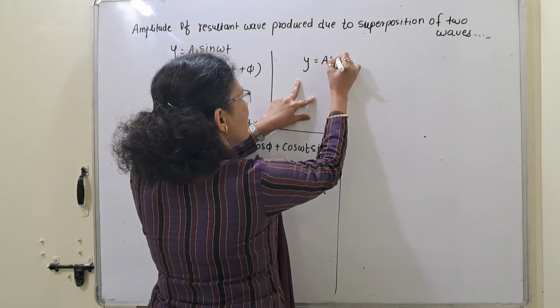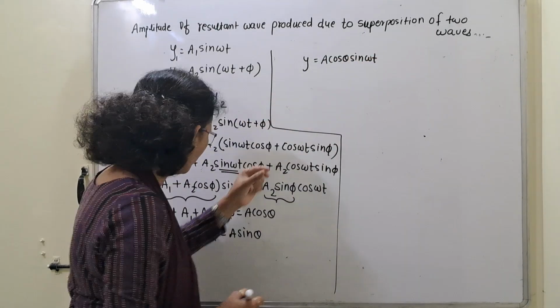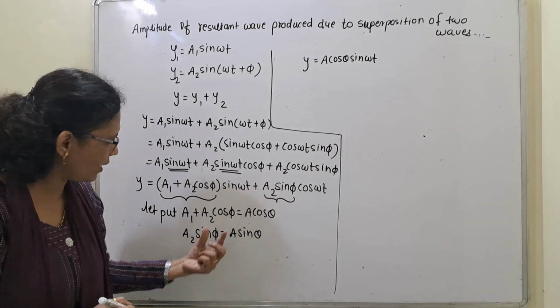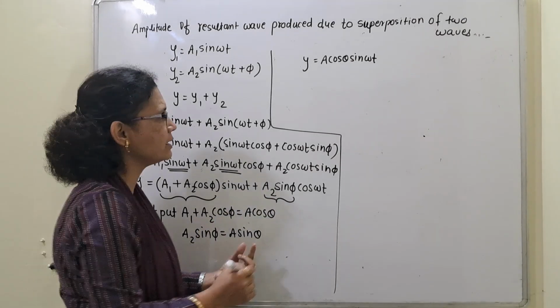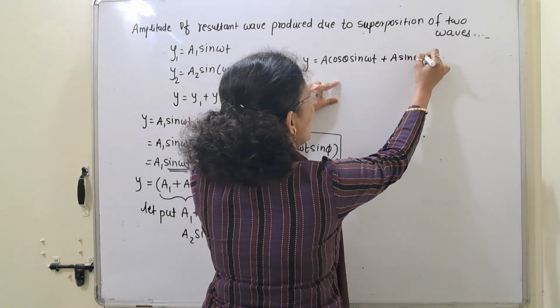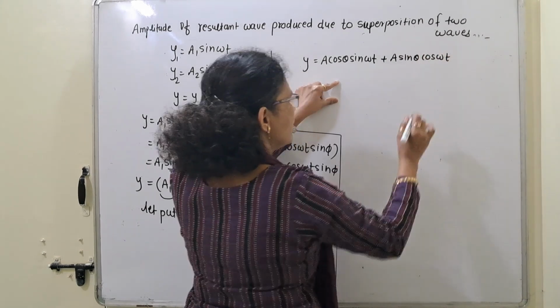So that will be A cos theta sine omega t. That sine omega t is common here. And in place of a2 sine phi, I will put A sine theta, plus A sine theta cos omega t, cos omega t as it is.